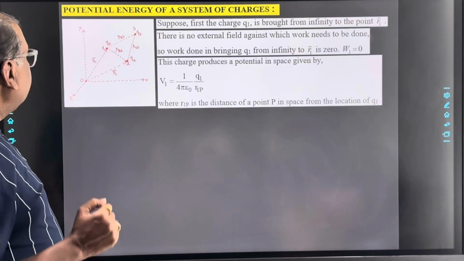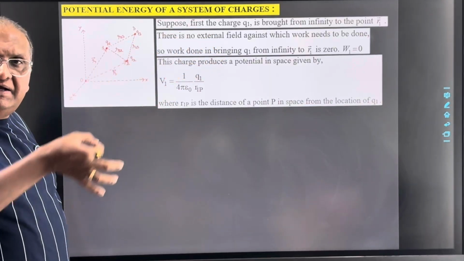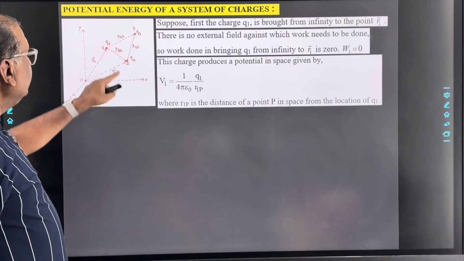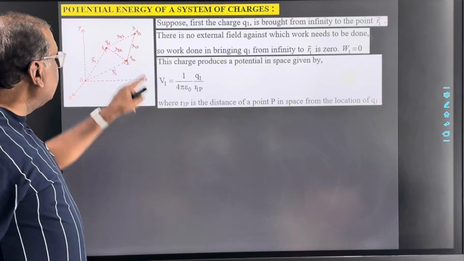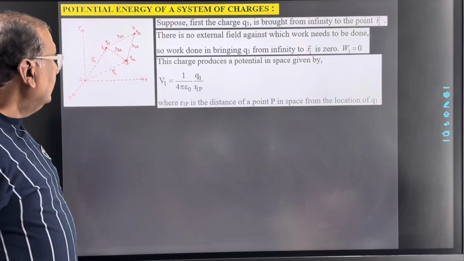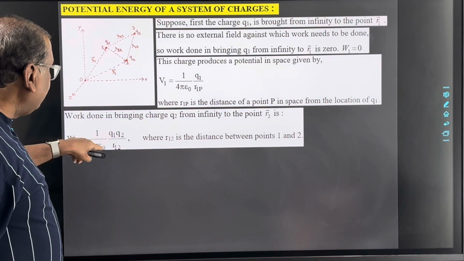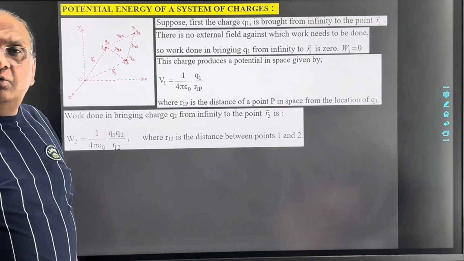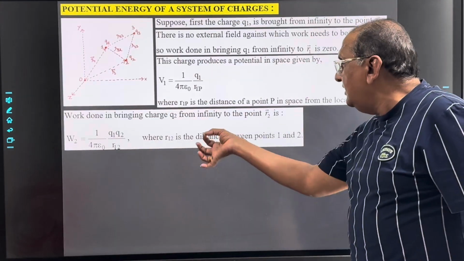Now next, suppose we bring charge Q2 from infinity to point 2 having position vector R2. So here the total work done is charge Q2 into potential of charge Q1. So we can write the work done in that process as 1 upon 4 pi epsilon 0 Q1 Q2 upon R12, where R12 is the distance between point 1 and 2.